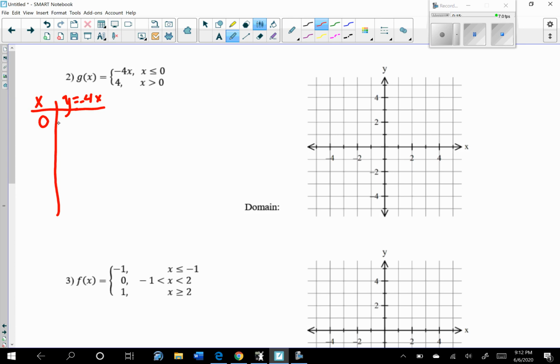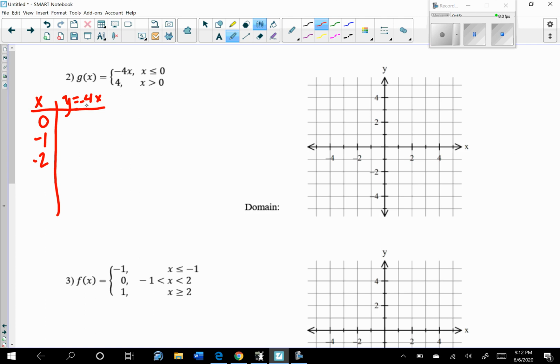And you notice, which I forgot to say at step 1, these are two equations, and they're both linear. If we start with 0, we have x values less than 0. So the next value that we're going to graph would be negative 1. And then we could do negative 2, but negative 2 is not going to be on my graph, and you'll see why in just a second.